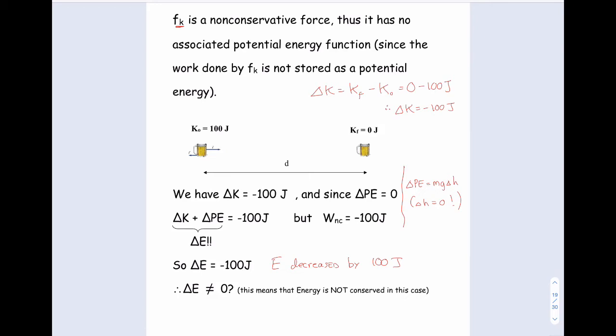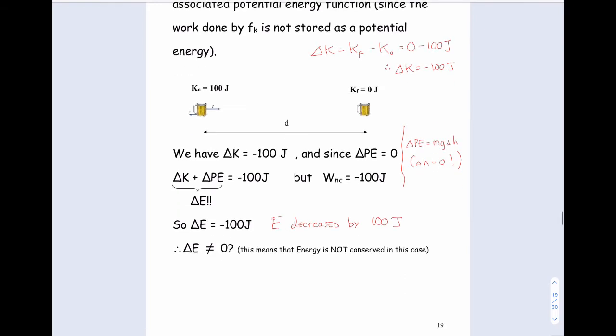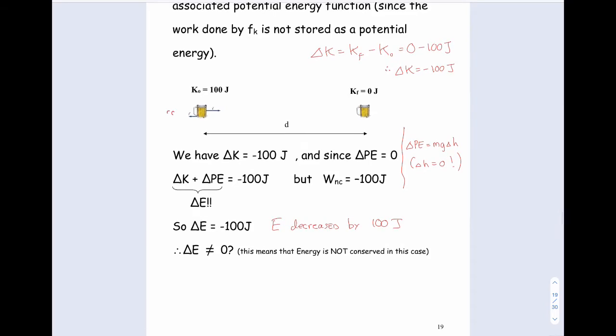Okay, so here's the same cup moving across the surface. The kinetic energy started at 100 and wound up at 0, so the change in kinetic energy is minus 100 joules. Now the potential energy, PE, doesn't change because this thing is on a flat surface, so it's not going up or down.